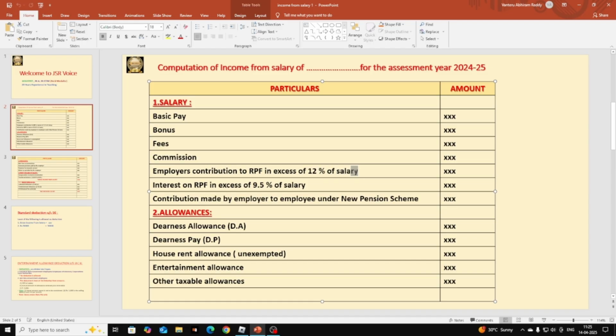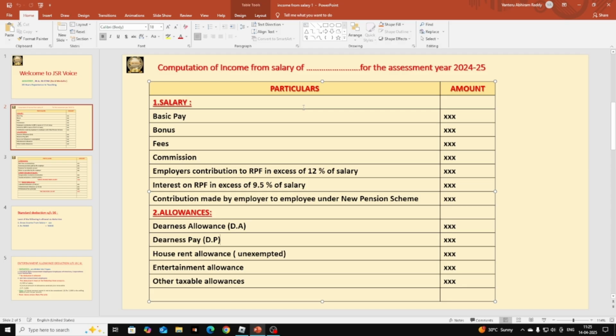And next one is interest on RPF in excess of 9.5% of salary. And next one is contribution made by employer to employee under the new pension scheme. So these are the items that are going to appear under the salary head.